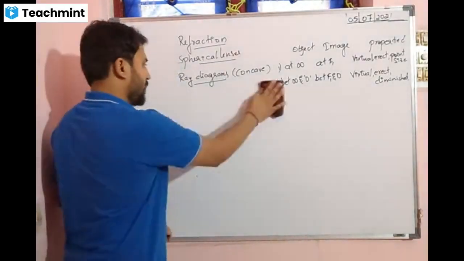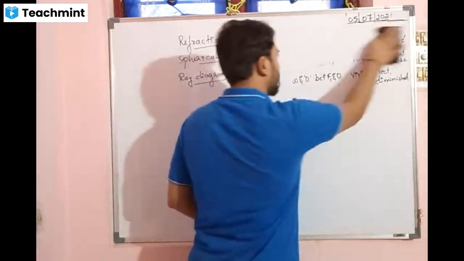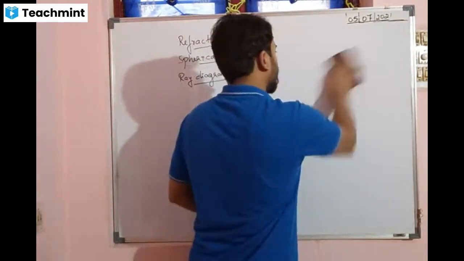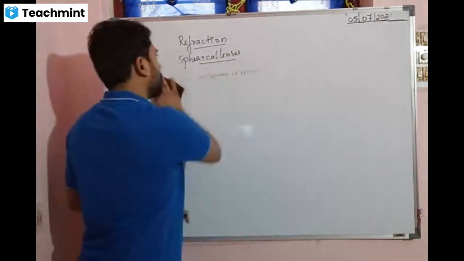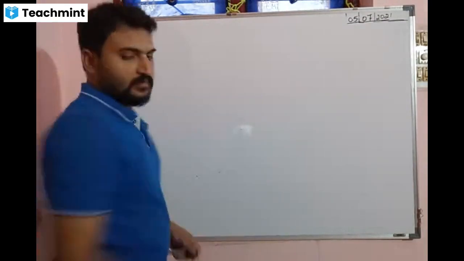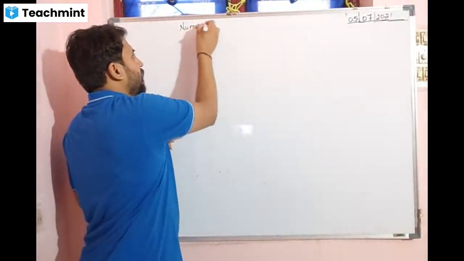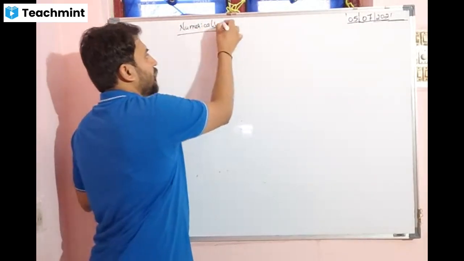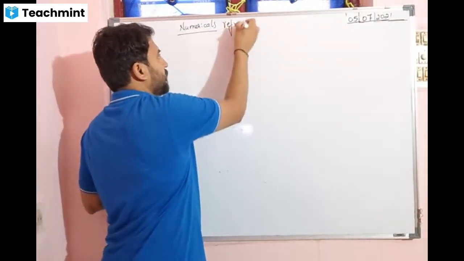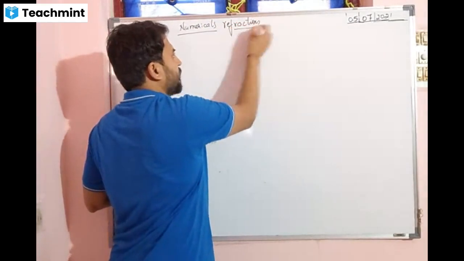Okay, let's move to the next numericals. Numericals are very important in this. Let us understand numericals with the help of diagrams also. So, numericals on refraction. Let us see the question.